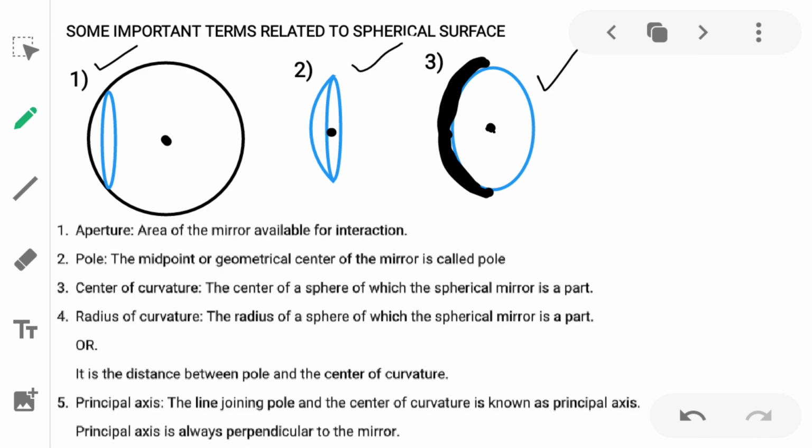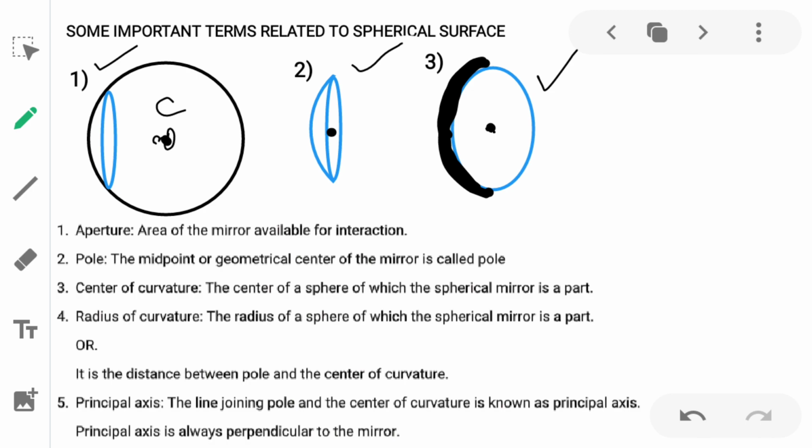It is the center of the sphere of which the spherical mirror is a part. Before taking out that spherical surface, it was a part of a sphere. So the center of that sphere whose part is our spherical surface is called the center of curvature of the spherical mirror.